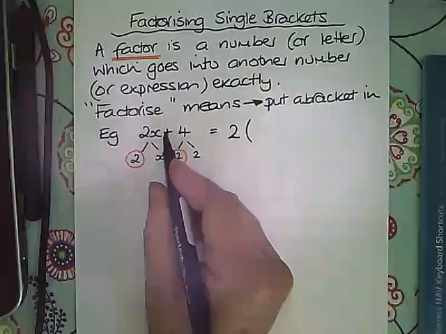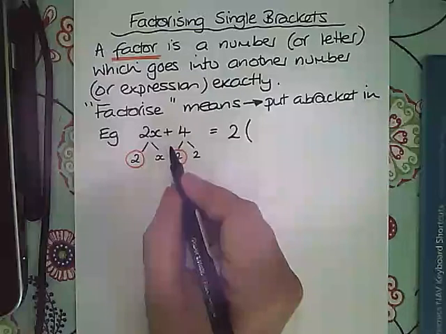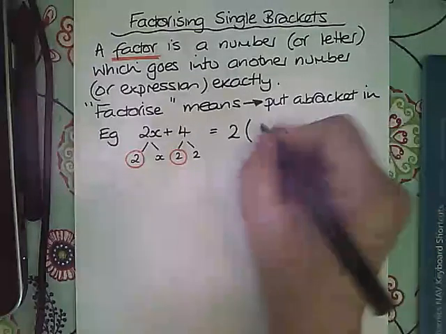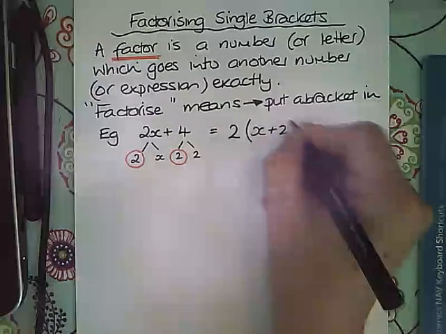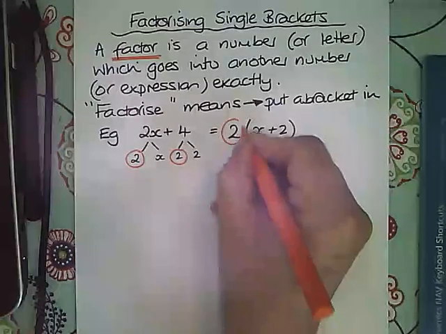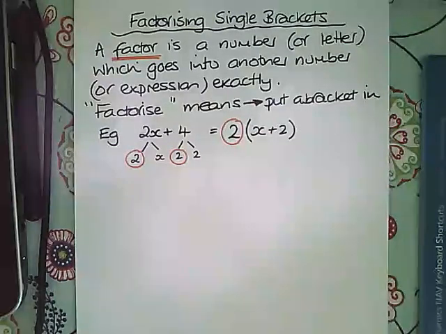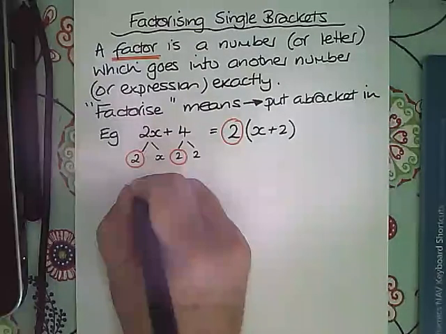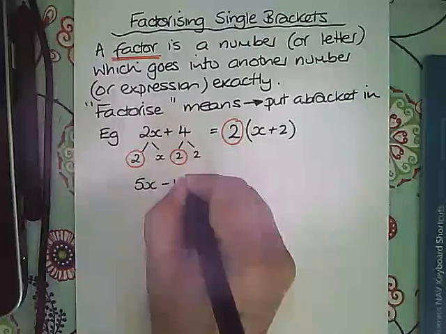And happy days, we are adding here, so we don't need to worry too much about any signs. So x plus 2 in there, and we got the 2 on the outside of the bracket from those 2s in the factor trees. If I do another example, 5x minus 15.